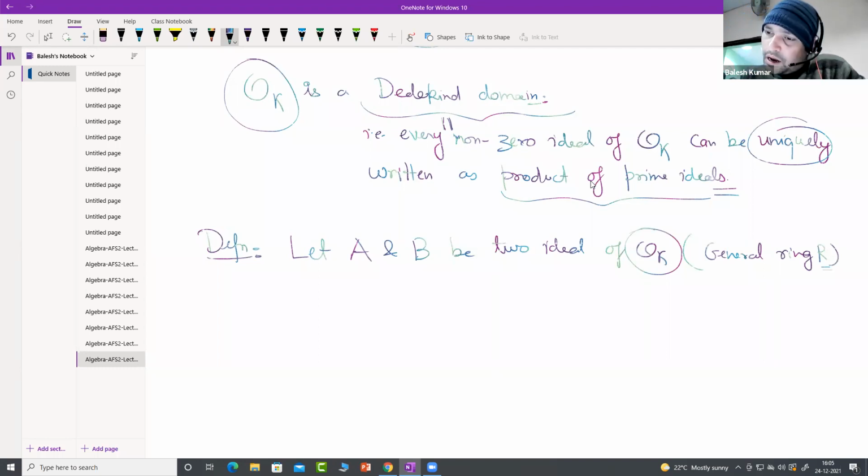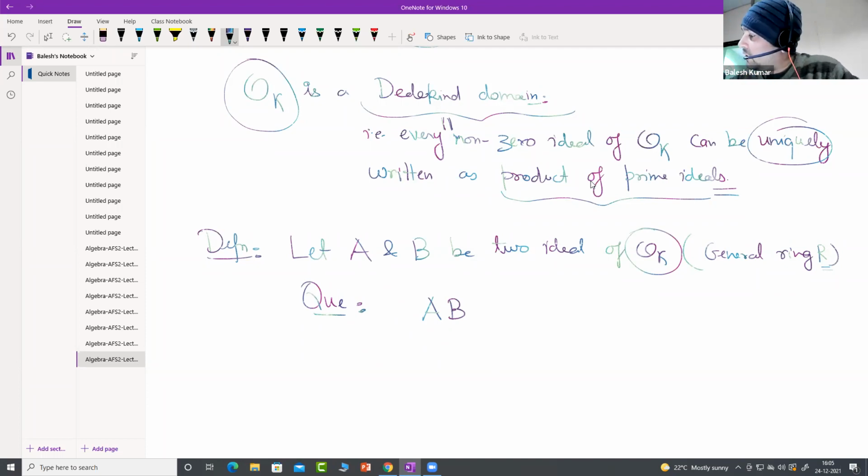Now, can anyone say how one can define the product of two ideals? Our aim is to define, out of these two ideals, a product which is again an ideal.